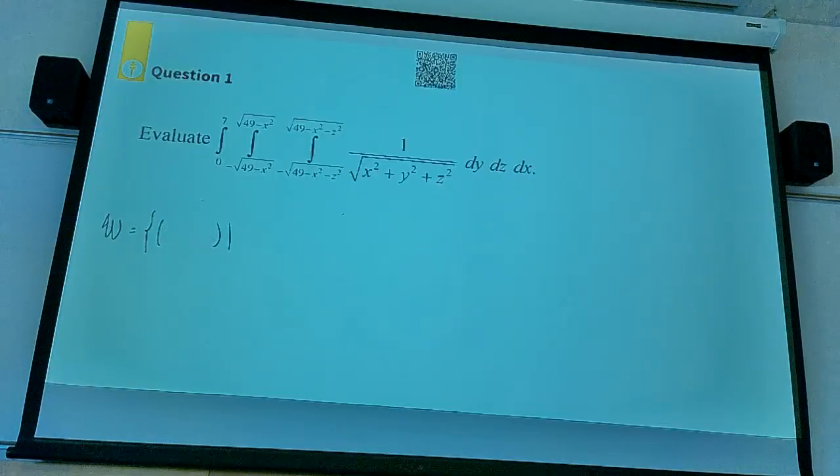Spherical is definitely the easiest. Rho, theta, phi. Remember, rho is the distance from the origin to the point. That's clearly 0 to 7.